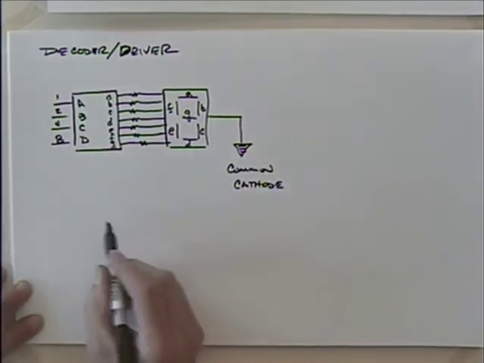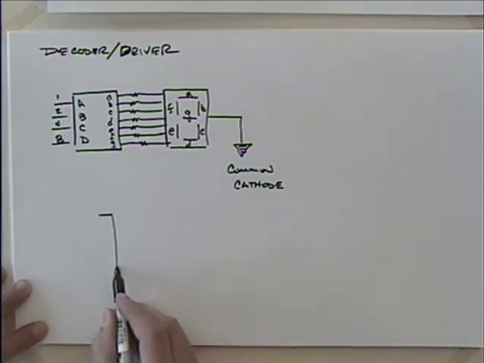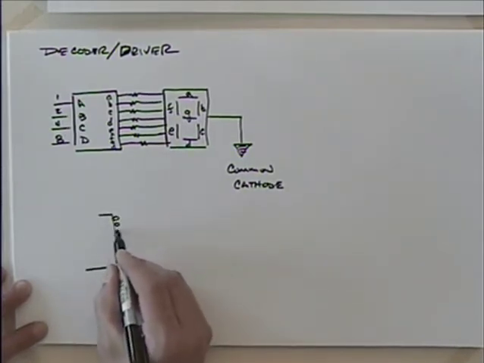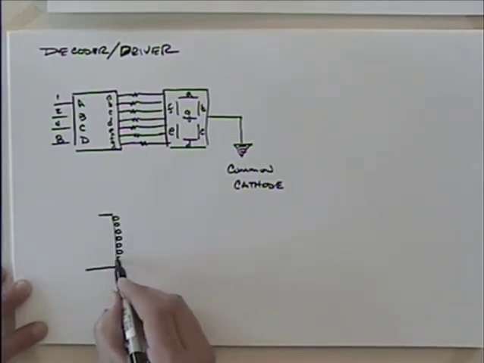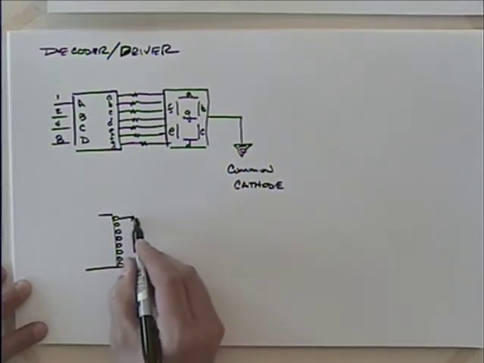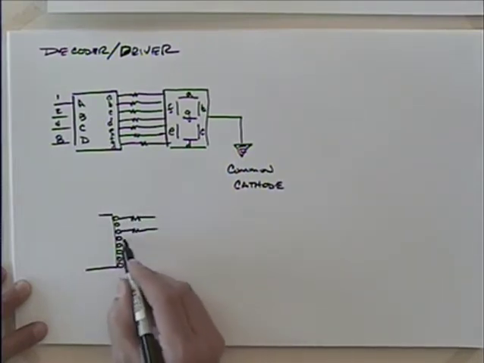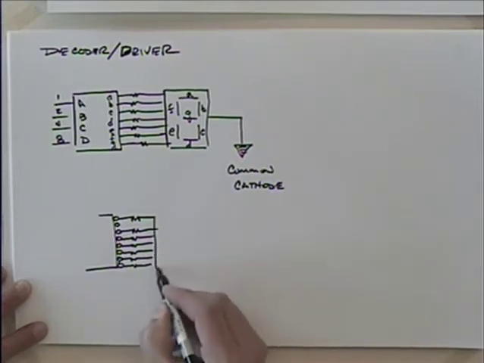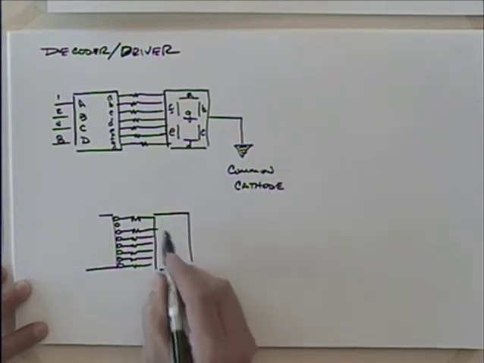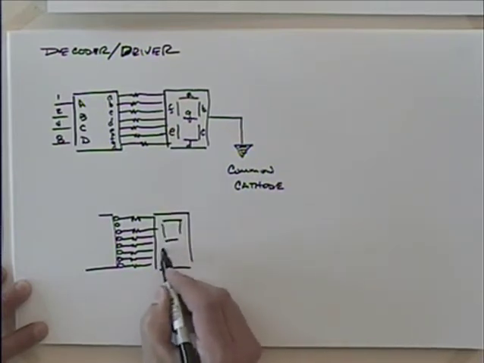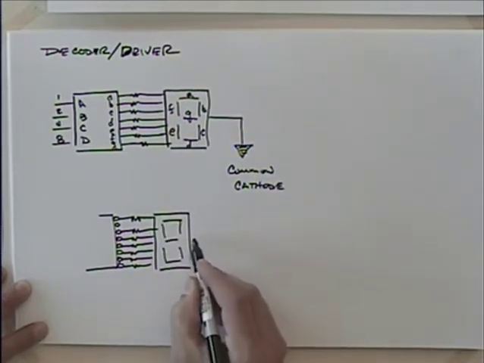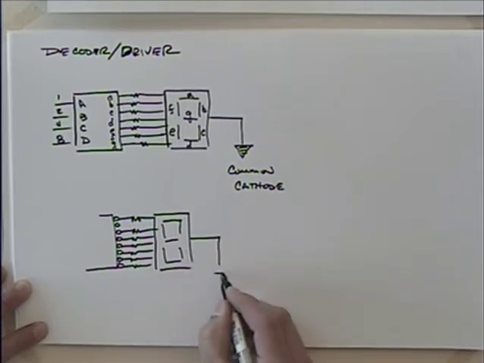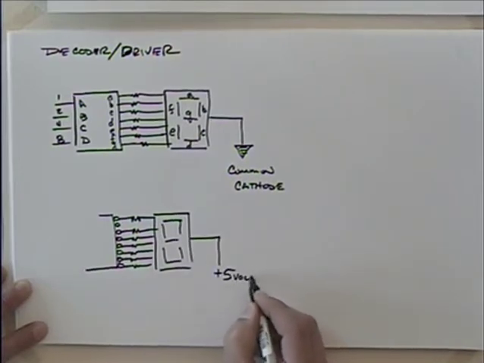An alternate way on this, I'm not going to draw the whole thing, but if we were to activate with a low on this, then you're going to have to go to +5 volts.